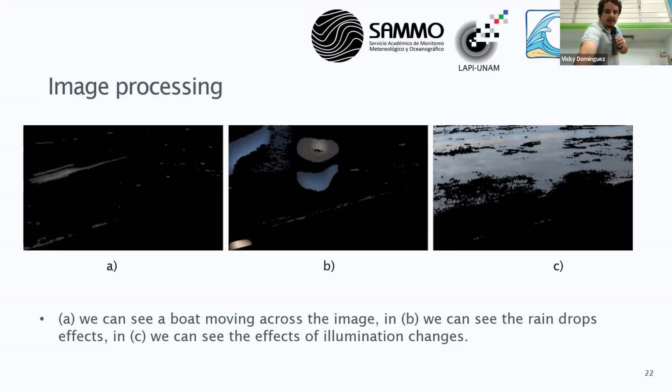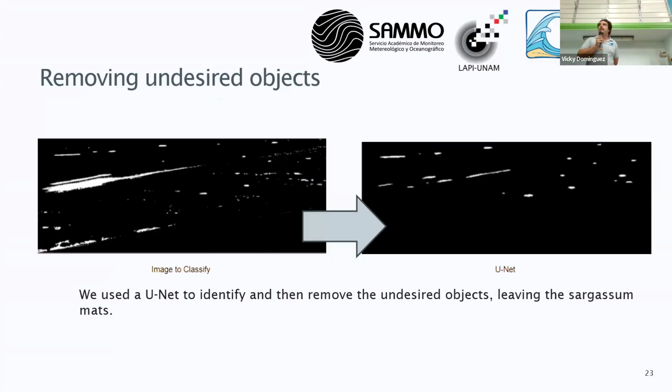The other part we are doing is that I trained a U-Net, a convolutional network. This is a neural network that works with images, with a compression part and a decompression part with a convolutional operation between them.